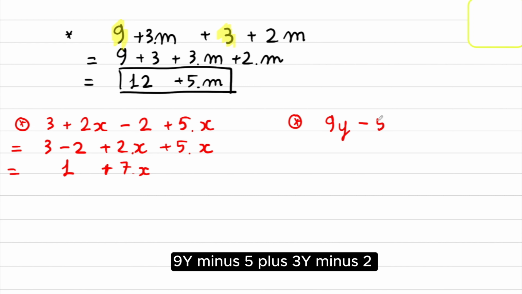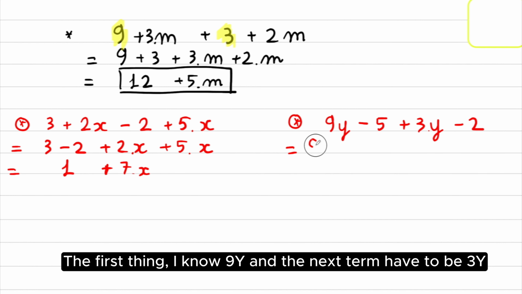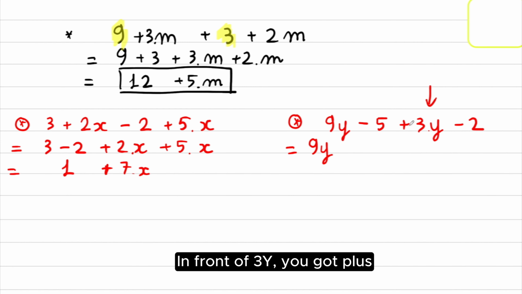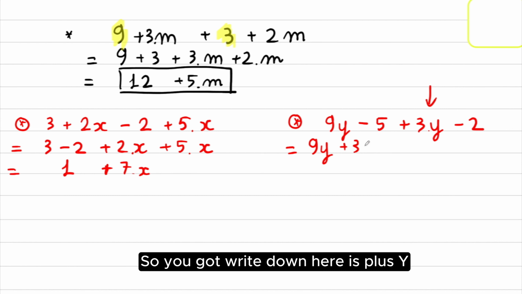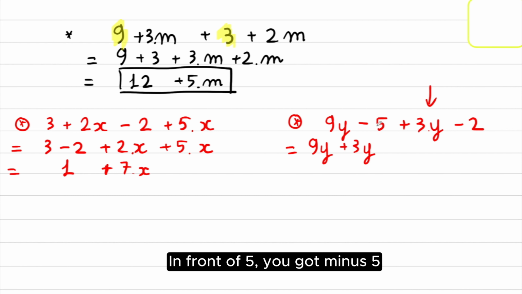Okay. Another one, 9y minus 5 plus 3y minus 2. So I should rewrite it first. The first thing I know is 9y, and the next term has to be 3y. In front of 3y you have plus, so you write here plus 3y. In front of 5 you have minus 5. In front of 2 you have minus 2. So look at this. The sign in front of 5 still stays in front of 5.